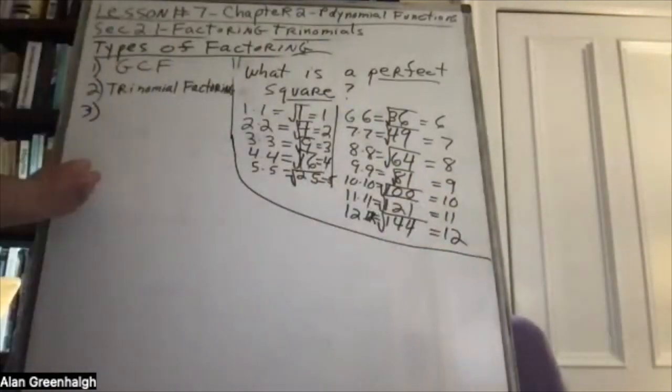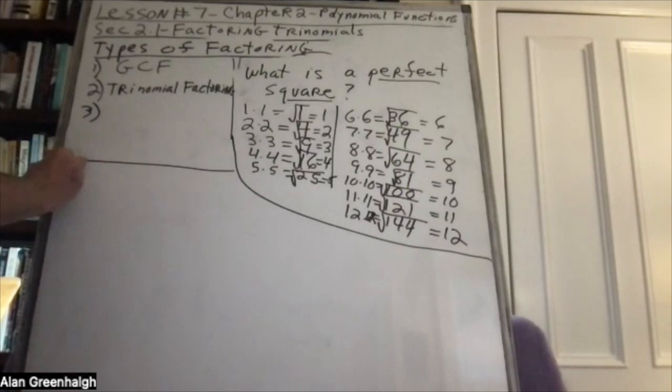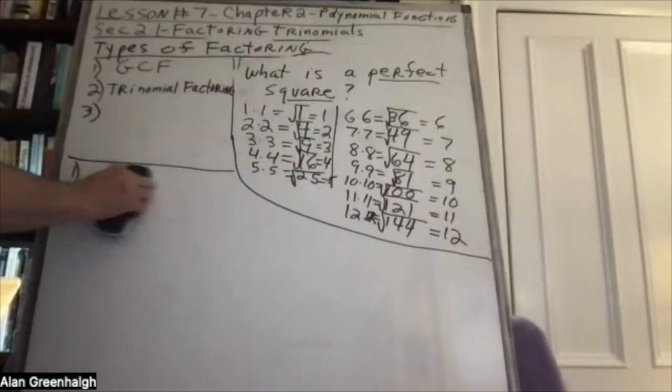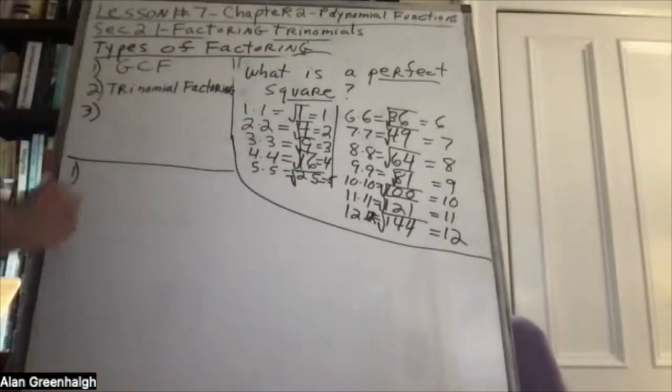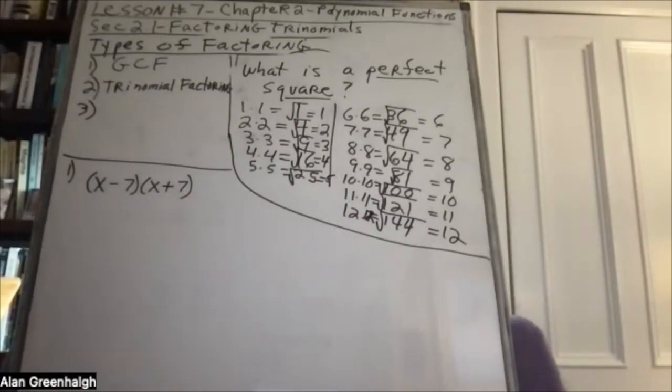The next type of factoring that we're going to look at has to do with this type of situation. Well, let's go backwards as I did in the previous two situations. Multiply x minus 7 times x plus 7 and see what you get. All right, so what did you notice here?